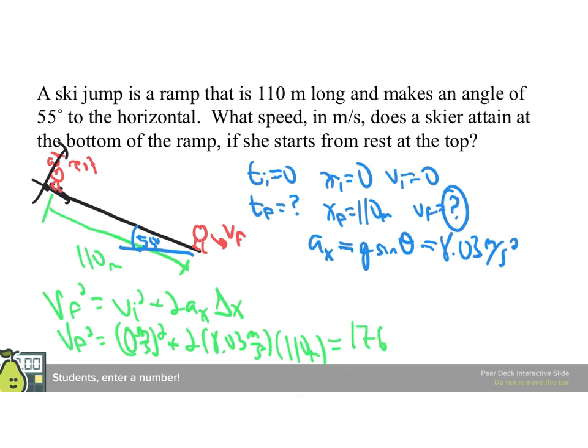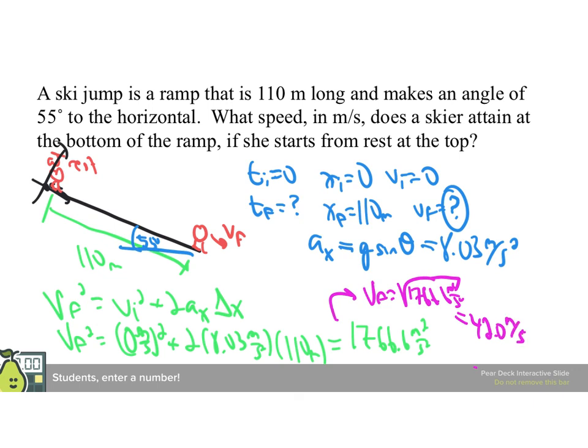That comes out to be 1766.6 meters squared per second squared. And then that tells us that v_f, which is the root of 1766.6 meters squared per second squared, turns out to be 42.0 meters per second.